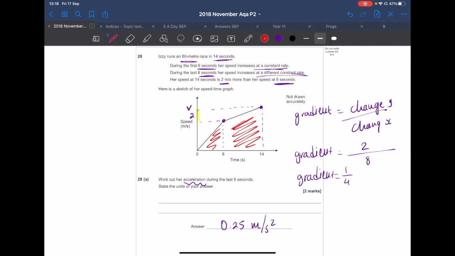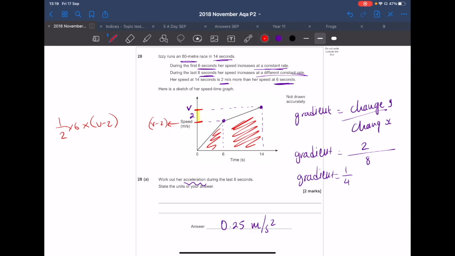So therefore, we could do 1/2 times 6 times v over 2. Why is that? Well, if the speed is v, the gap is 2 here, so that speed here would be v take away 2. So that's the first area we've worked out.